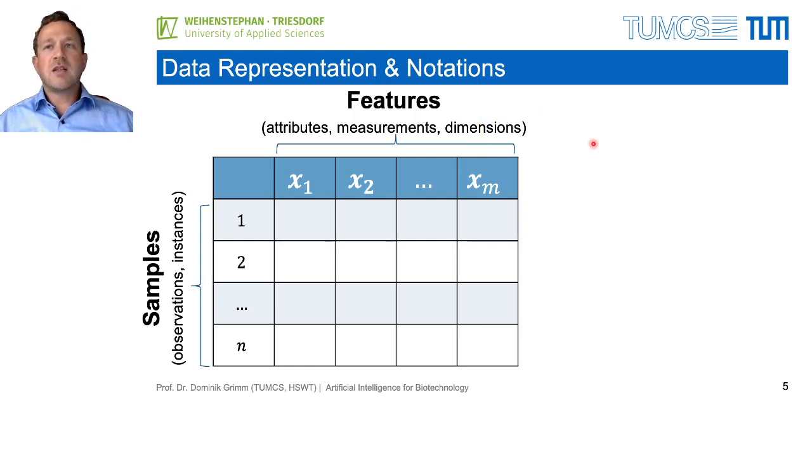So features are nothing else than measurements. That's why they're also sometimes called measurements or attributes. So we have here now a data matrix. The data matrix has n rows and m columns. And x_i1 to m are the features, and each sample has a number of features.